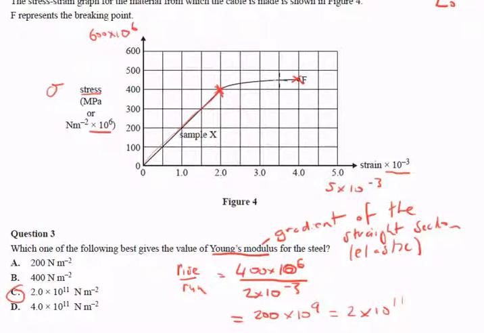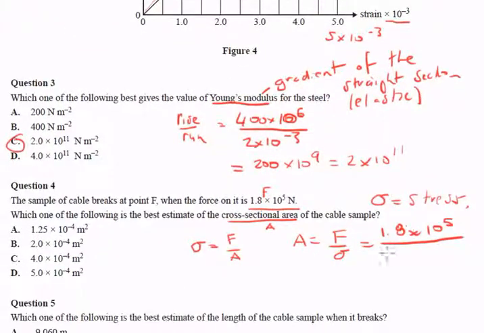If we read it off the graph, here we are, it's about 450 by 10 to the 6. So 450 by 10 to the 6. And we do that on our calculator. And I've already done it. It comes out at 4 by 10 to the minus 4 meters squared.